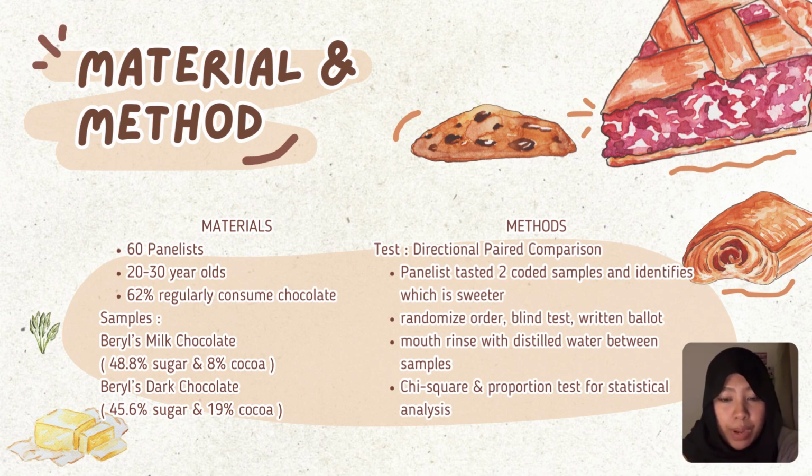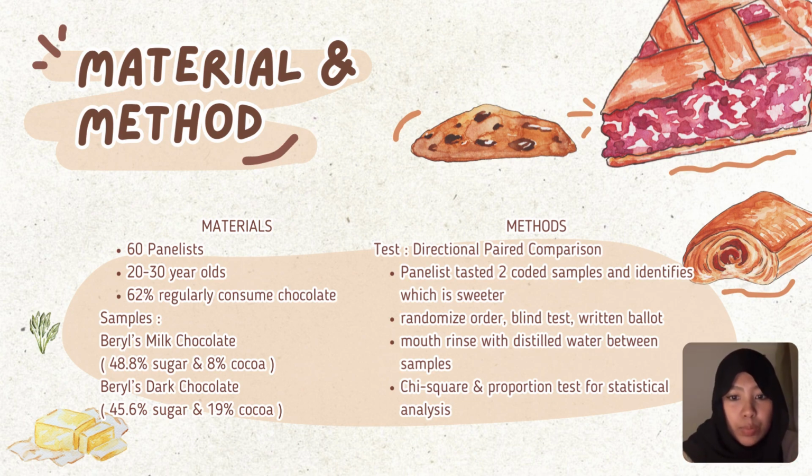The directional paired comparison test was conducted, where the panelists were given 2 coded chocolate samples in randomized order and asked to identify which one is sweeter. To ensure accurate results, a blind test method was used. Panelists also rinsed their mouths in between with distilled water.